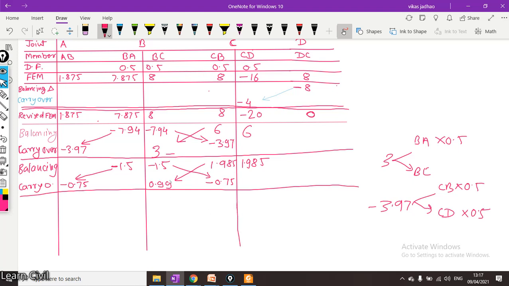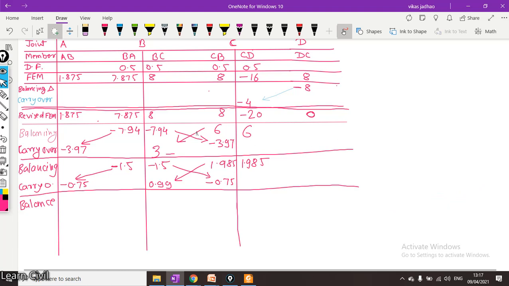You can see here again we have some unbalanced moment of 0.99 at B and minus 0.75 at C, therefore again we will go for balancing. This 0.99 at joint B will be shared by BA.